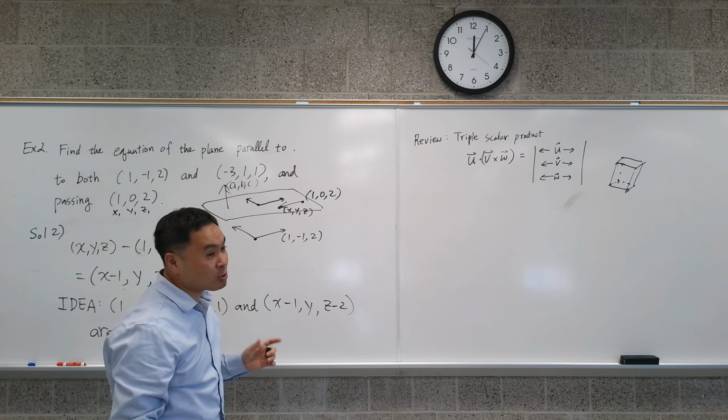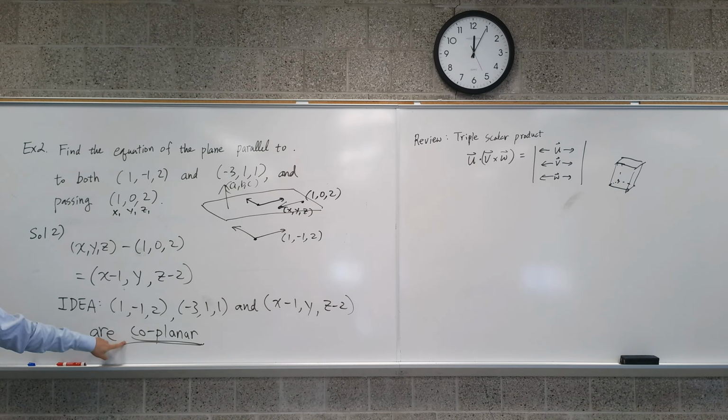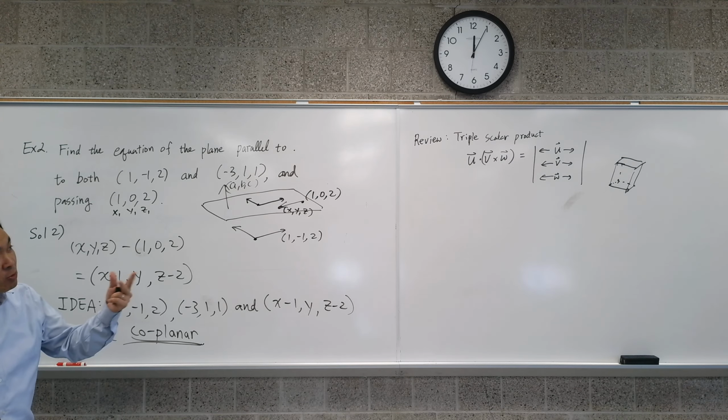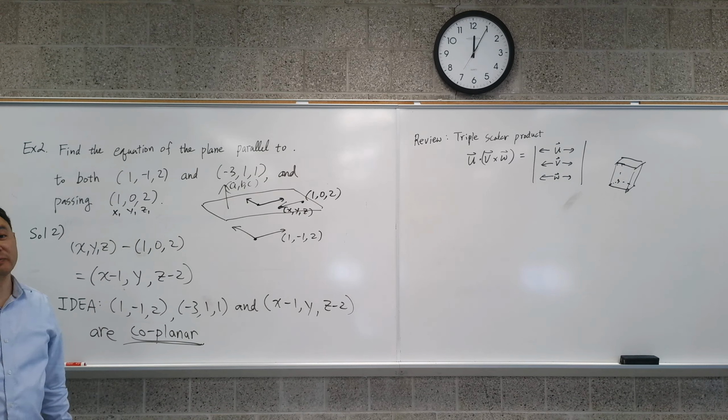Now here comes the crucial question. If you have 3 vectors that are coplanar, what would the determinant give us? If u, v, w lie in a plane, what would be the determinant value?